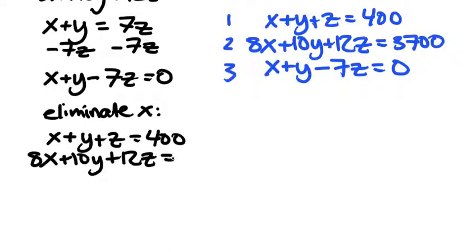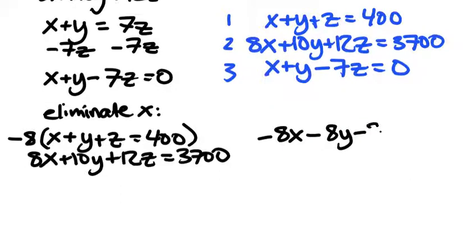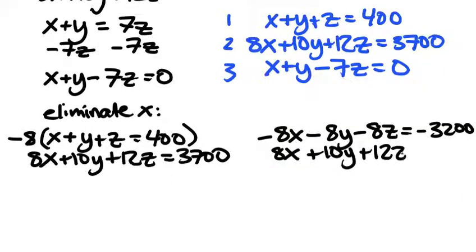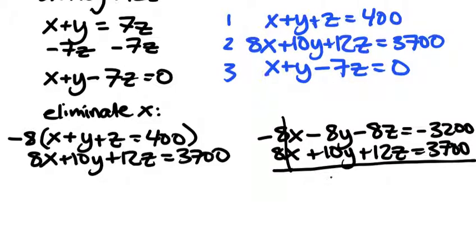So if I'm eliminating x, I need to multiply the top equation by -8. Negative 8 times 400 is negative 3,200. So the x's cancel out. We have 2y plus 4z equals 500.